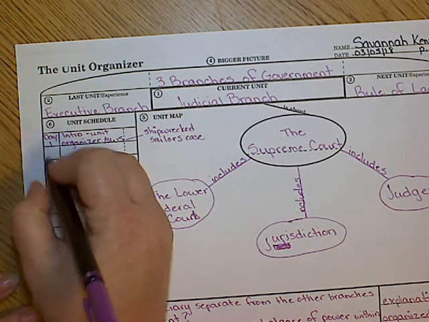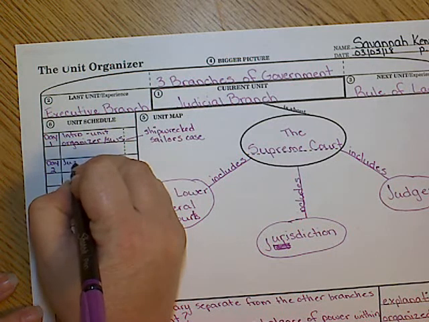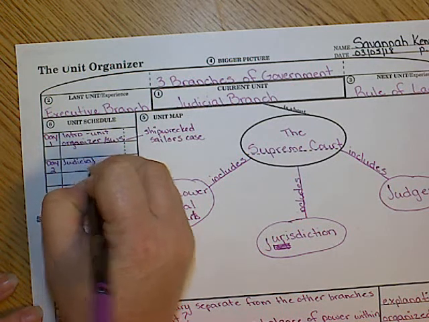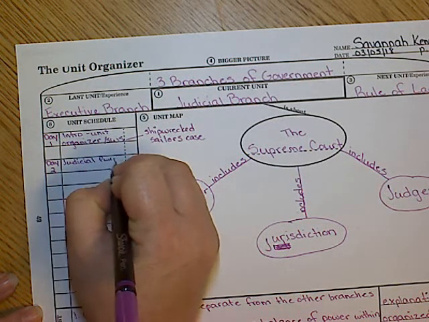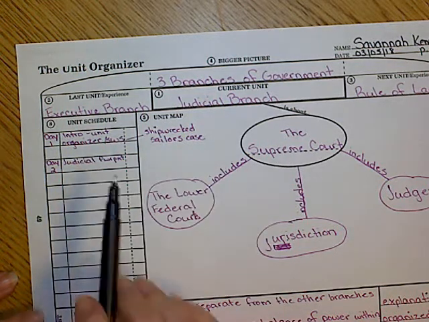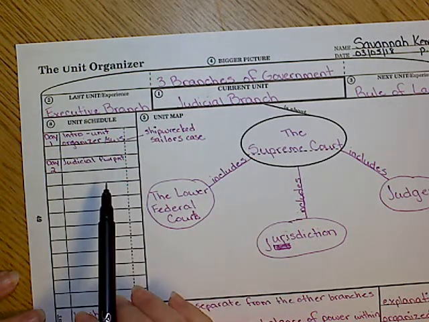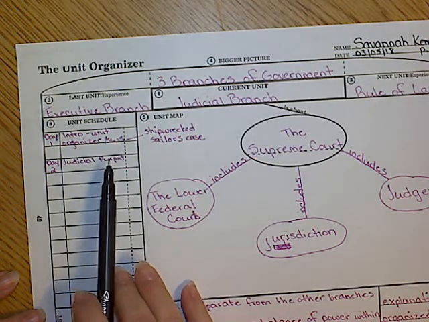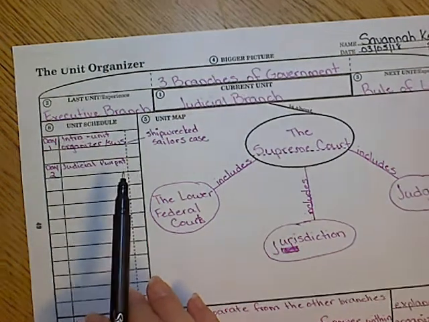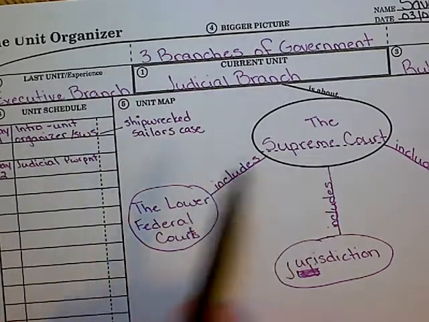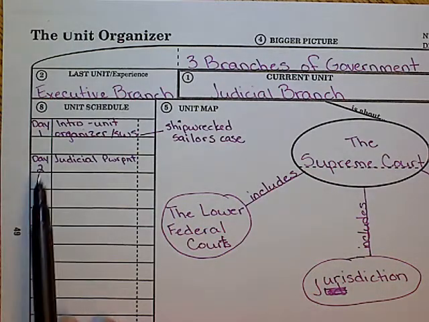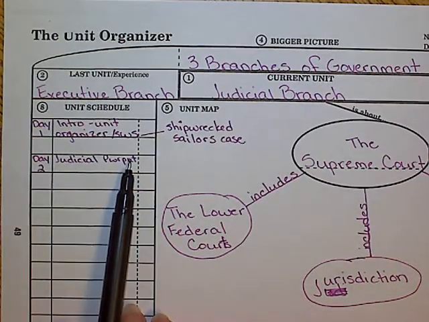The second day, I'm going to skip a line so I have a little more room. The second day is we're going to do the judicial PowerPoint. Now I'm doing this in shorthand because I don't have enough room. So I took out all the vowels. That's a really good shorthand trick to do. PWRPNT. I'm actually going to zoom in on this so you can see a little better. But the day 2 is about the judicial PowerPoint.